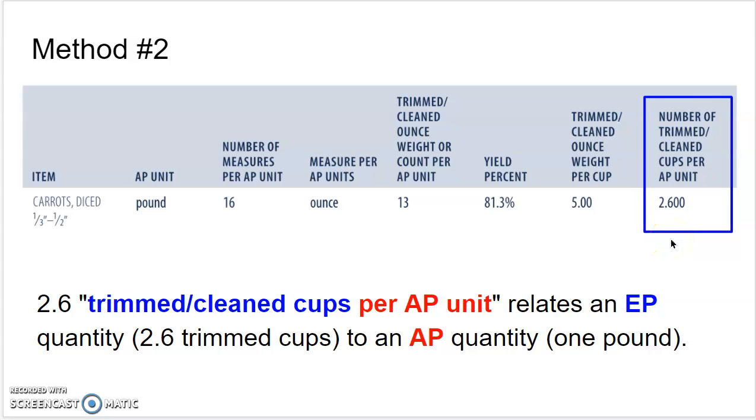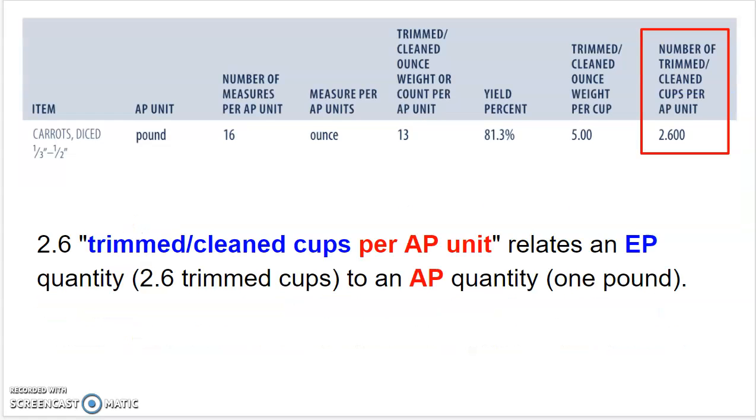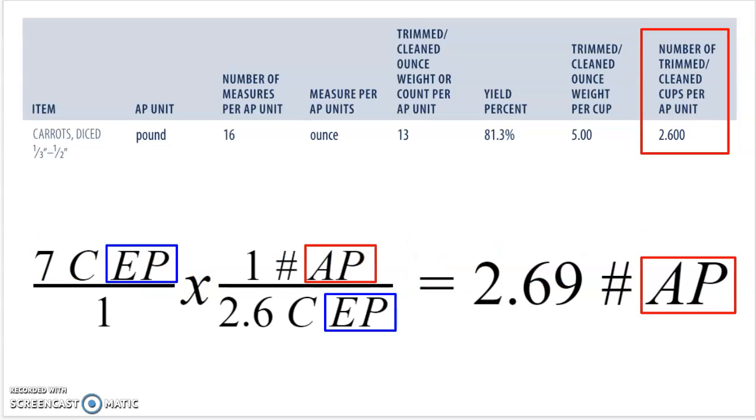You can see that's one of the ones where it goes from EP, trimmed clean cups, to AP units, which in this case is a pound. So we take that number and use it to convert our 7 cups EP into pounds AP. We go directly from 7 cups EP over to 2.69 pounds AP.